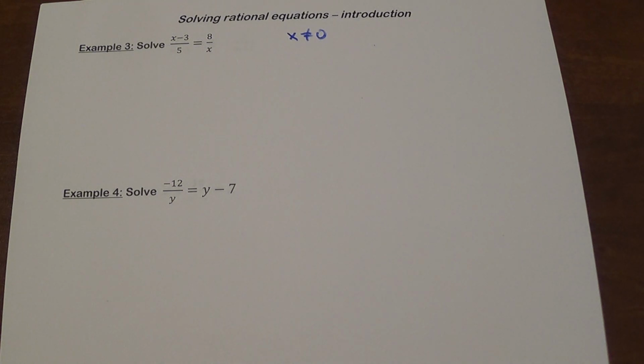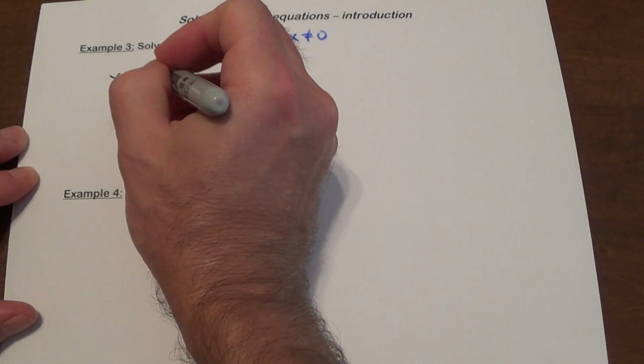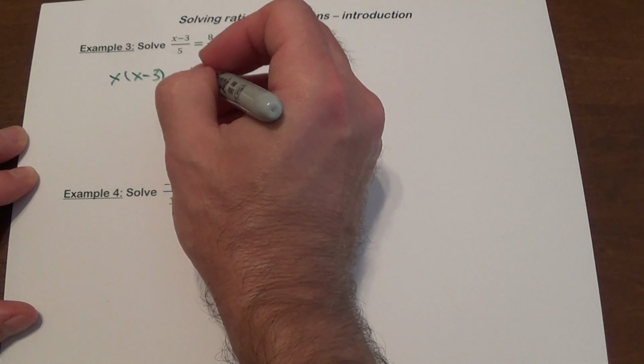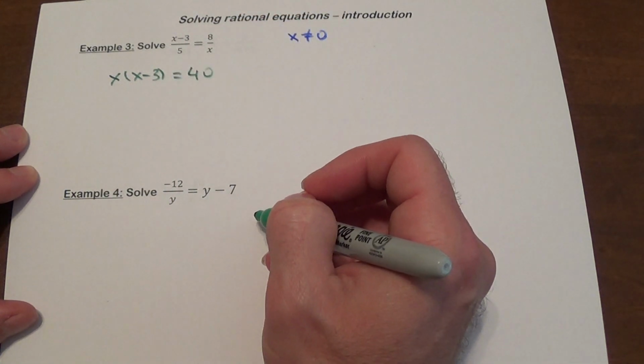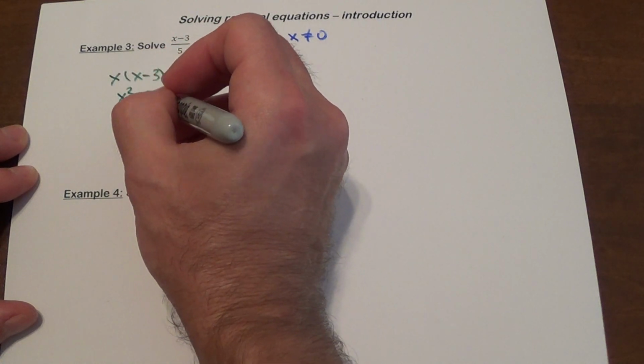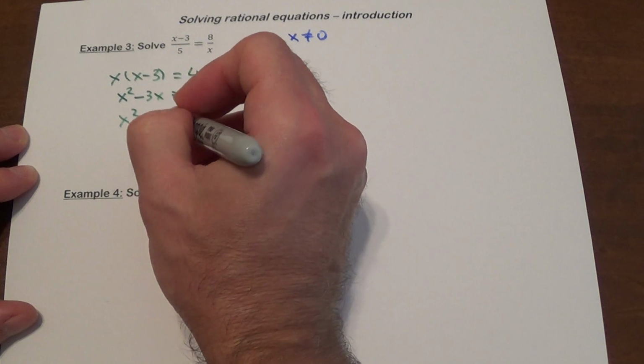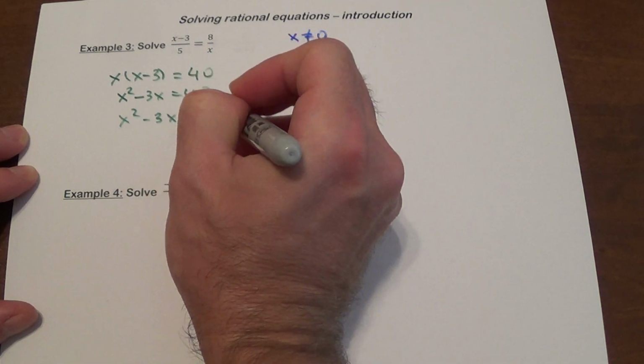Now we can go ahead and cross multiply. So when you cross multiply this, you are going to get x times x minus 3 equals 5 times 8, which is going to give you 40. Right? So we distribute this: x squared minus 3x equals 40. It's going to give us x squared minus 3x minus 40 equals 0.